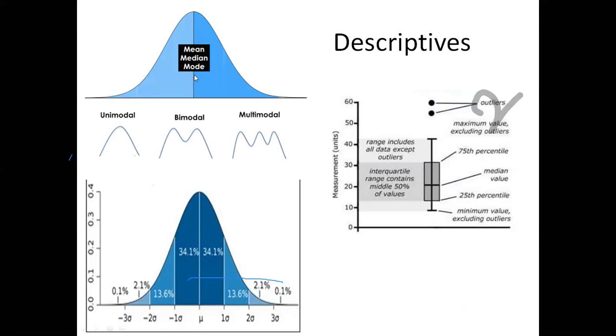And then sometimes the distribution may be single, where there is just one single peak. Sometimes you could have a bimodal distribution where you have a peak and then a valley and then a peak again. Sometimes you could have a multimodal distribution as well, right? So that is about the peak of the distribution.